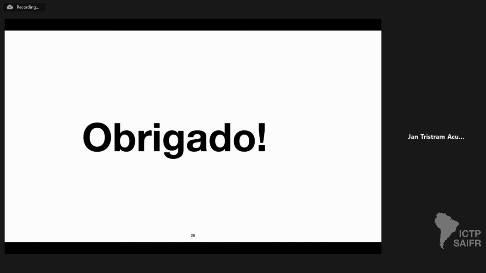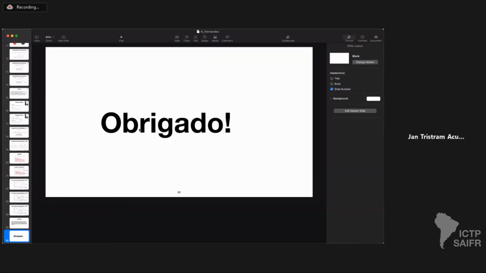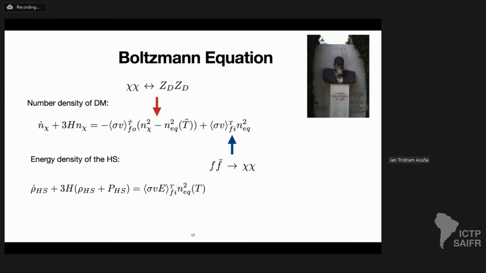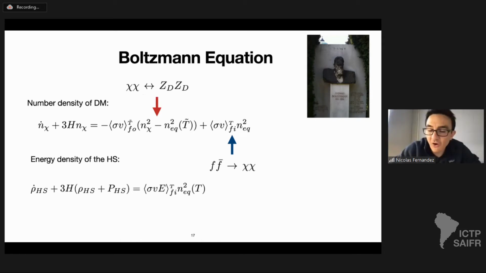Yes. Okay, I'm just wondering about slide number 17, the Boltzmann equation, the second one. Are you also considering the elastic scattering processes for tracking the energy density? Very good. Yes. Even though I didn't put the full equation, I'm also solving for backwards scattering, for example.